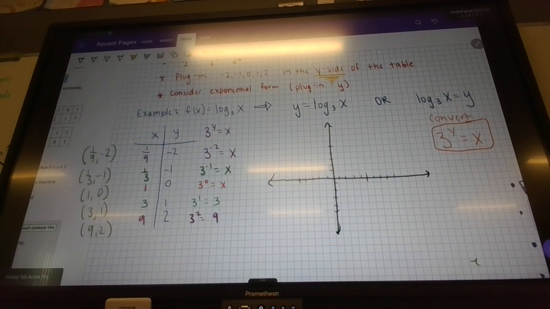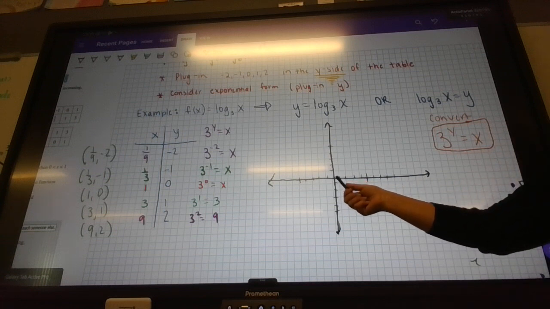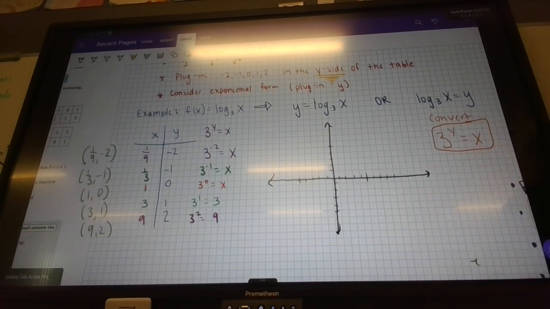How do I graph 1/9, negative 2? That's so weird. 1/9 is just over 0, and then negative 2 will be right about there. I'm going to redo my axis, actually. You can see how far over it is. Much better.